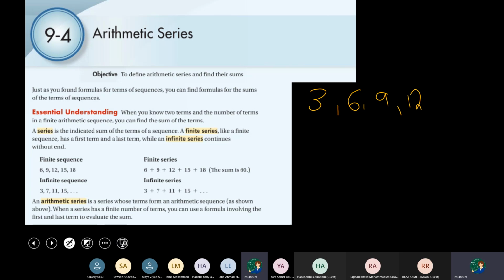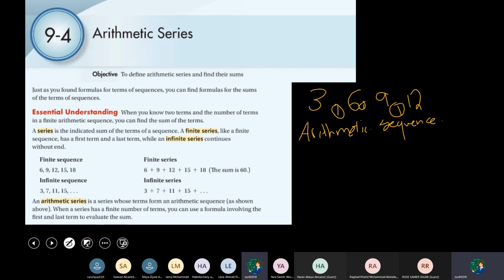If we look at these numbers, what are the signs between them? We have commas. If we have an ordered list of numbers with commas between them, we call it an arithmetic sequence.